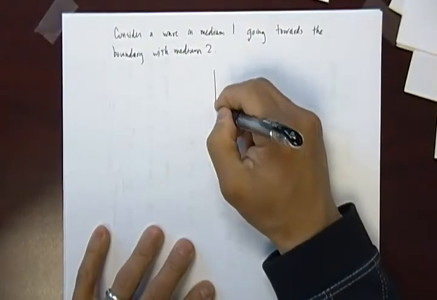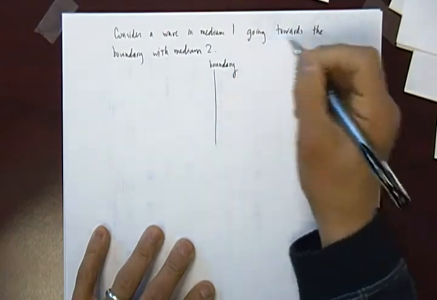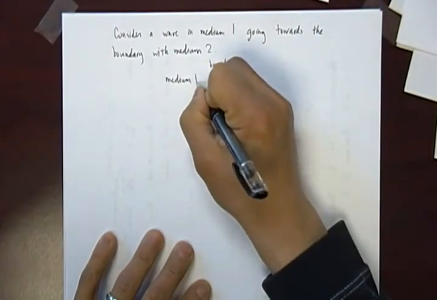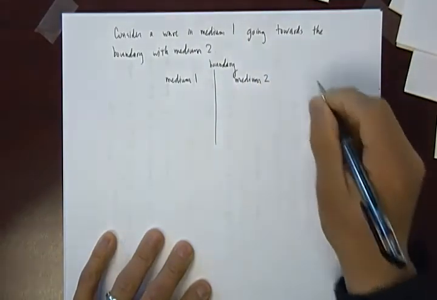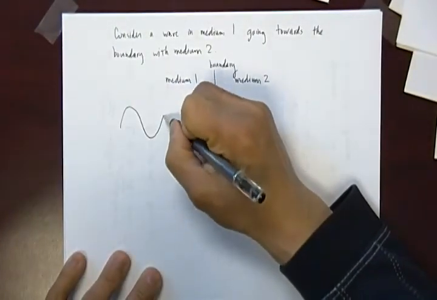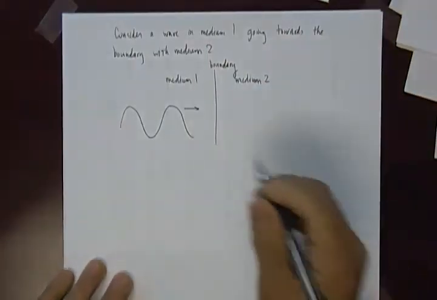So this is the boundary, here's medium 1, and here's medium 2. We have some wave coming in. That's the initial situation.